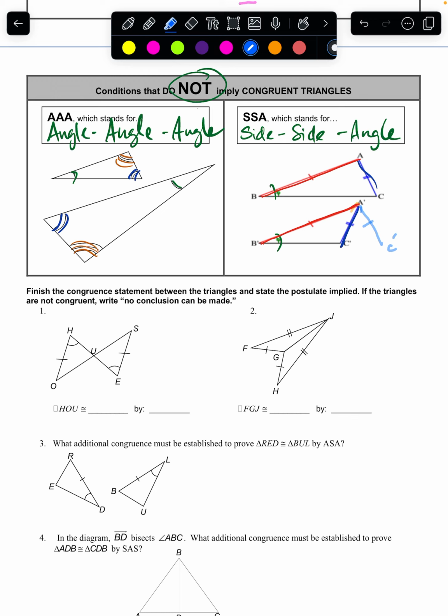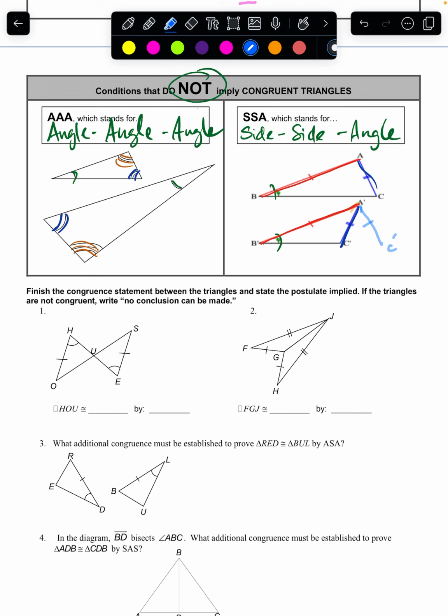So that's why we can't guarantee that these two triangles are congruent using side-side-angle. And we like to say, if it spells SSA or ASS, no donkeys, right? That is not a congruence rule.